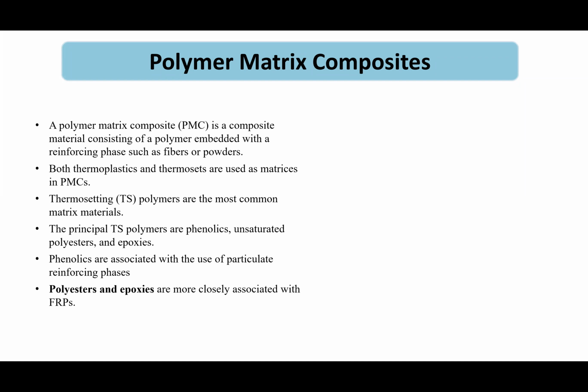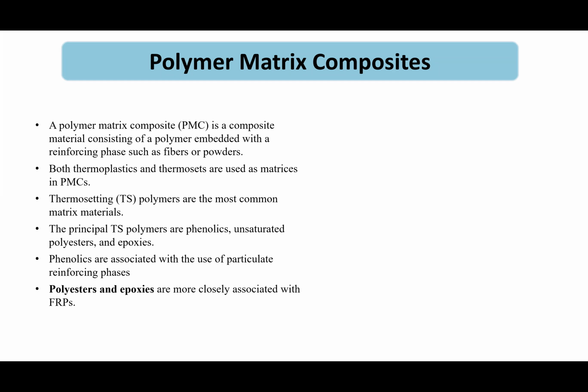Phenolics are mostly used with a particulate reinforcing phase, like talc powder or sand or any other nanoparticles, used along with phenolics to make a stronger phenolic composite. Polyester and epoxies are mostly used with fiber reinforced plastics.